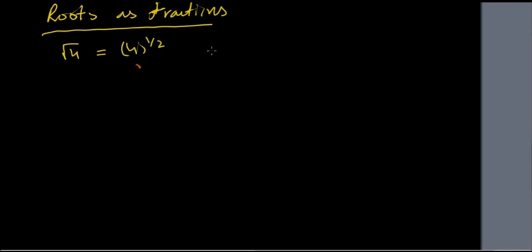Similarly, let's take a cube root. Let's say I have the cube root of 8. Then I can write it like 8 raised to 1/3. So whatever the root I have, in this case it was the cube root, then the denominator of the fraction is 3. If I have a 4th root, then the power is 1/4.